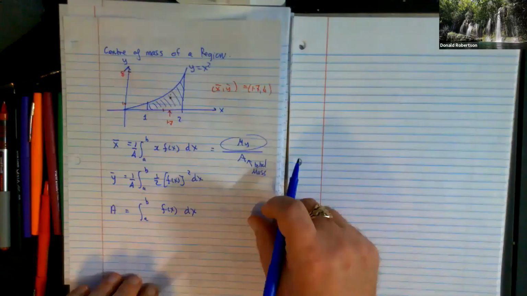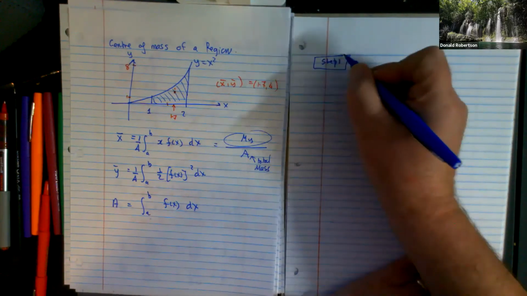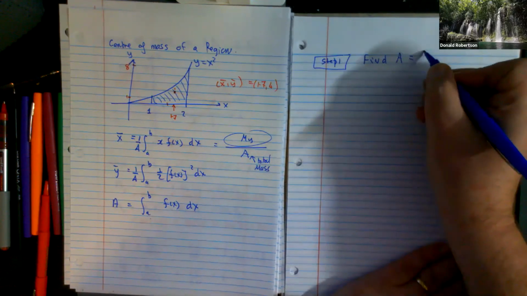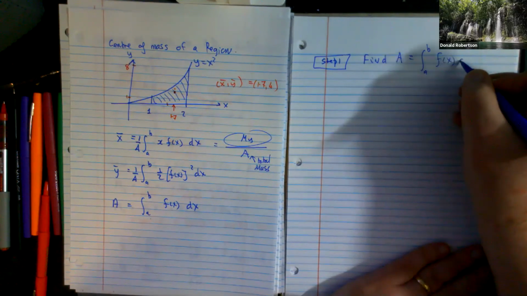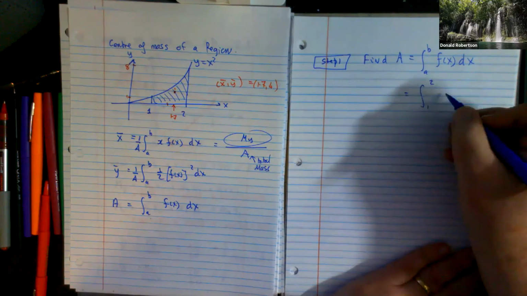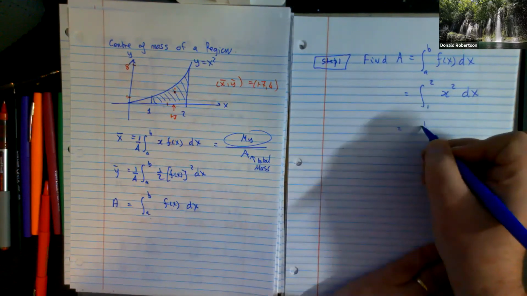So step one, find A. Find the total area under the curve. So in this case, it's 1 to 2. Picking a nice easy function because I want to make my life relatively simple.